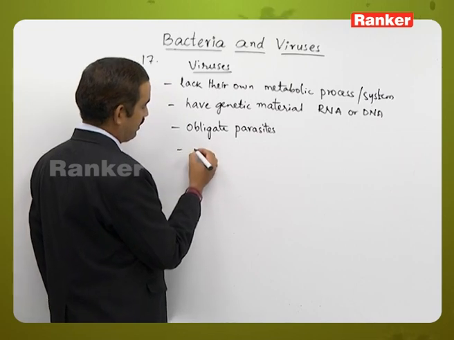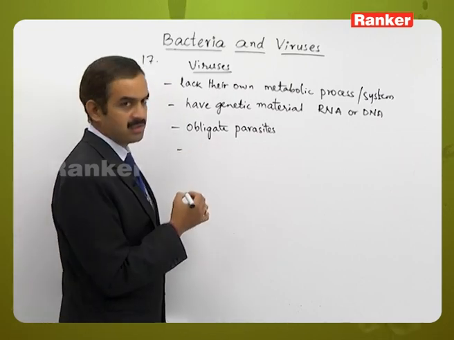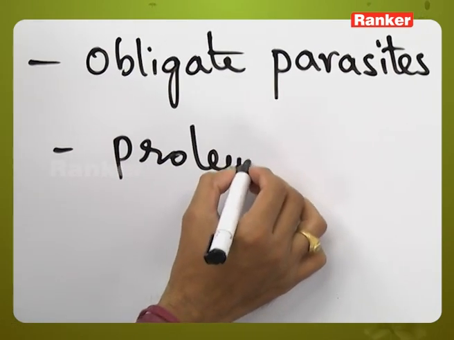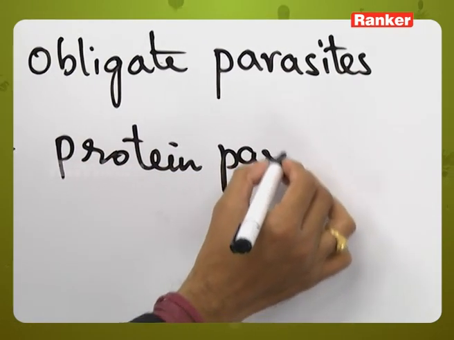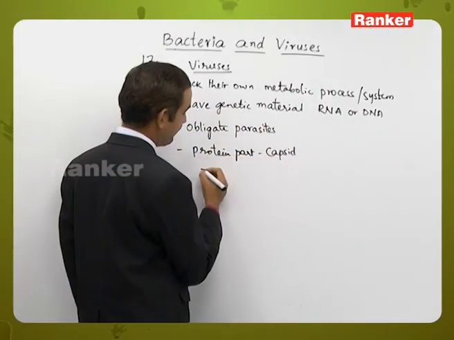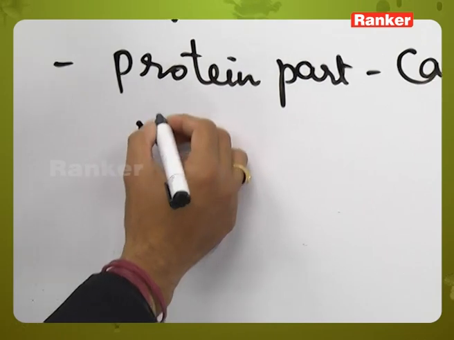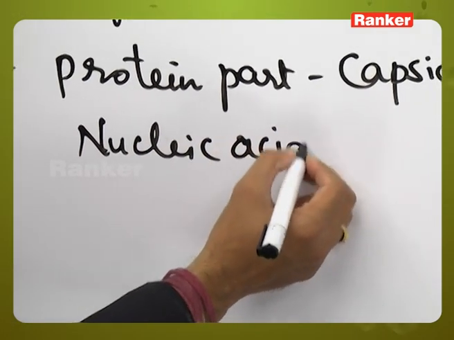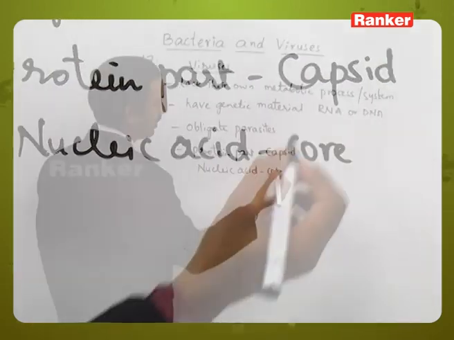And if you consider the structure of viruses, viruses contain a protein part called the capsid, and inside it the nucleic acid will be present. This is called the core region.